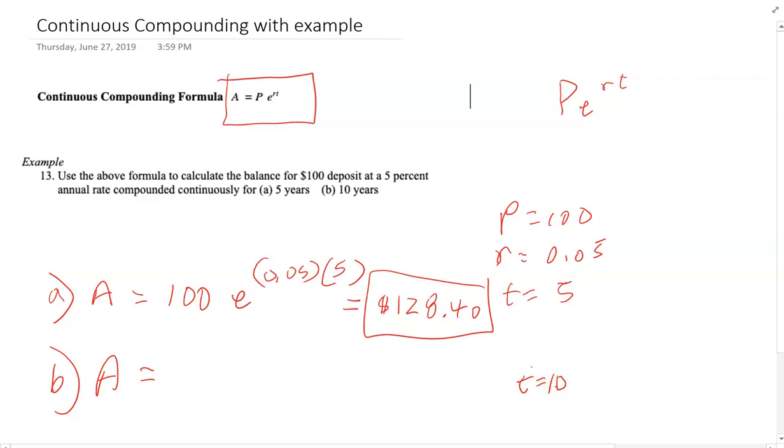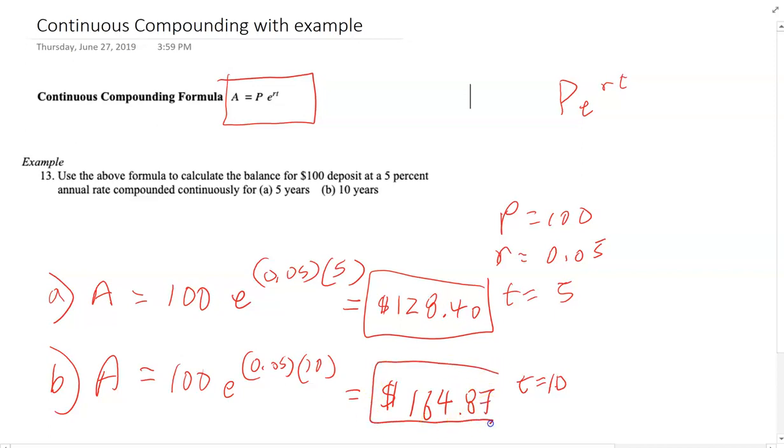So A will be equal to 100 E raised to 0.05 times 10. And our calculator value is $164.87.